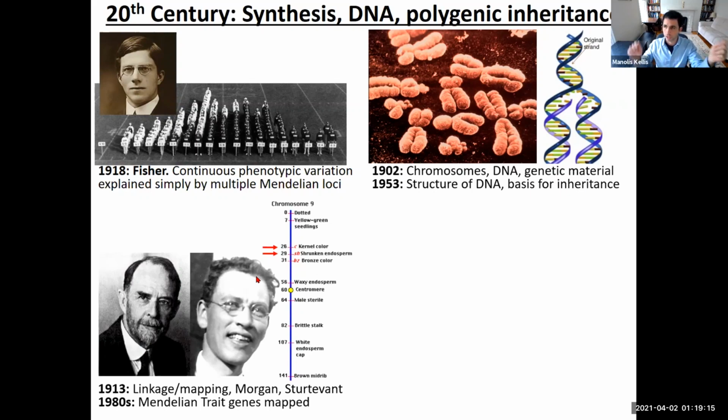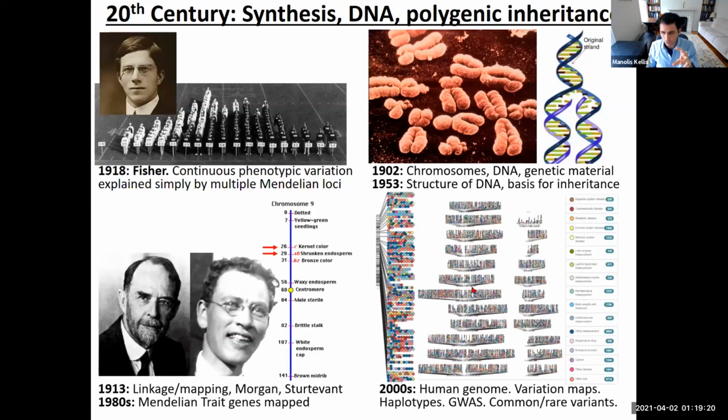Let's figure out where they are on the chromosome and map them. The big revolution happened with complex traits that had up until now been impervious and recalcitrant to this type of analysis.